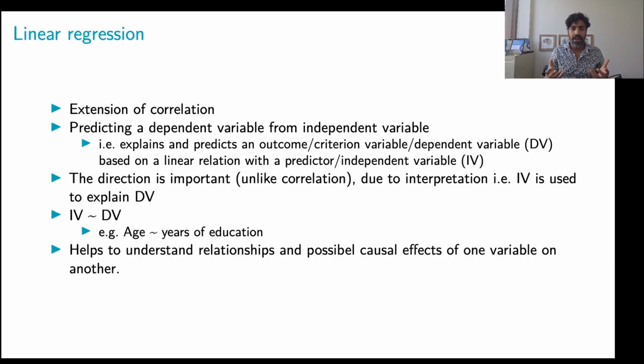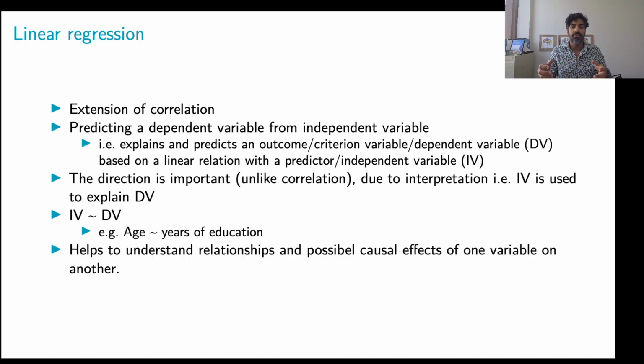Well, foundationally and statistically, if you were to run a correlation with age and years of education, and then run a simple linear regression with age and years of education, you'll get the same answer. But this is where the statistics blend with the theory and our interpretation.